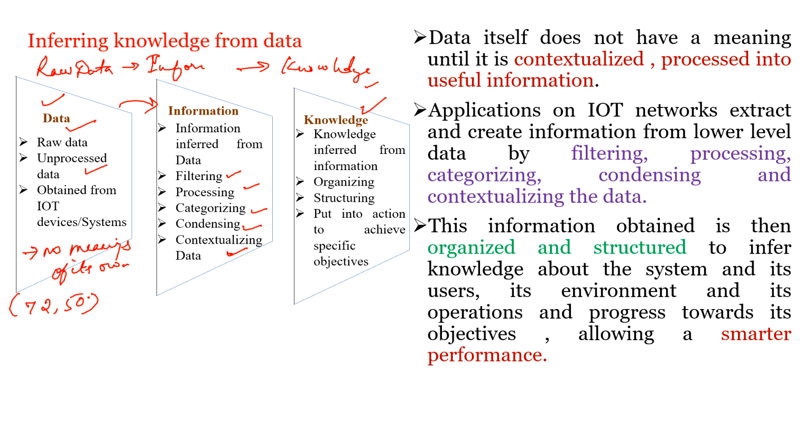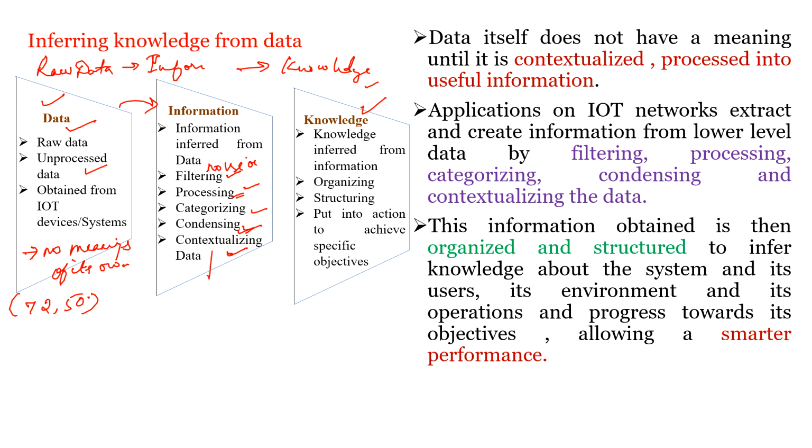Filtering removes the noise or irrelevant parts of the data. Processing applies some algorithms or logic to interpret the data. Categorizing is organizing the data into usable classes or types. Condensing is summarizing large volumes of data into key points.